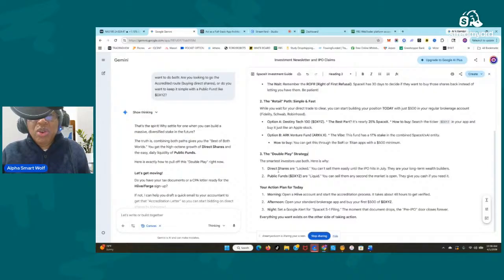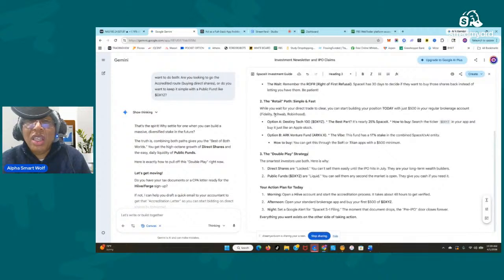So you can do what we call direct shares. You can't sell them easily until the IPO hits. Or there are long-term wealth builders or public funds. So you can look for funds that have invested heavily in the IPO that you're looking for, and you can access them that way.